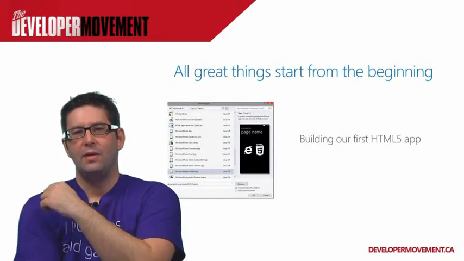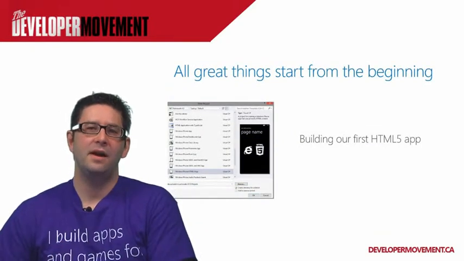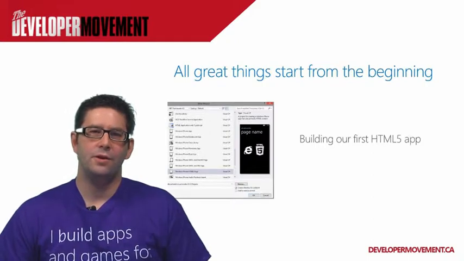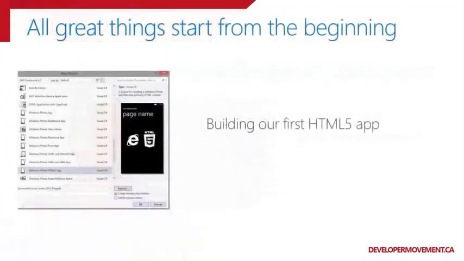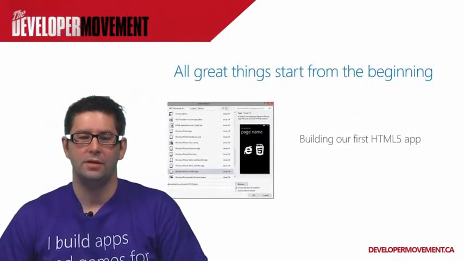So one of the things that Microsoft has done is we've added a new project template into Visual Studio 2012 Express for Windows Phone. Or if you have the paid SKUs like Professional, Premium, or Ultimate of Visual Studio 2012, you can download the SDK and it's automatically included in the project templates.